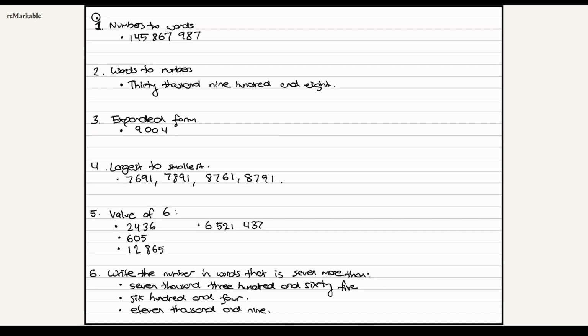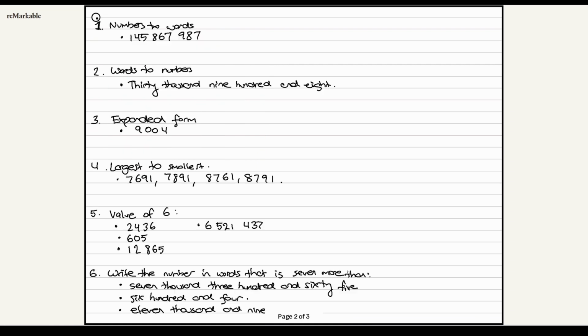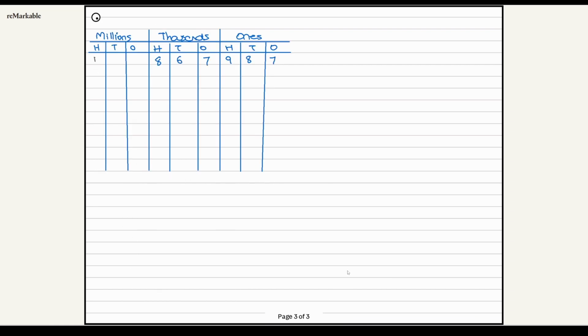So let's have a look here. We've got 987 in that latest nest, or in the rightmost nest. In the middle nest, we have 867. And in our millions, we have 145. Okay, let's try and say this as a word then. So we have 145 million. 145 million.